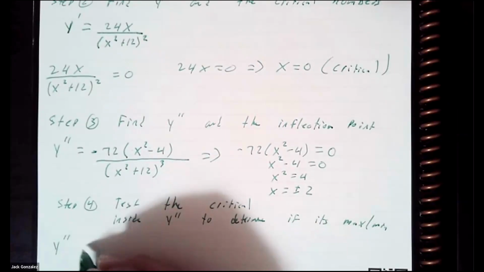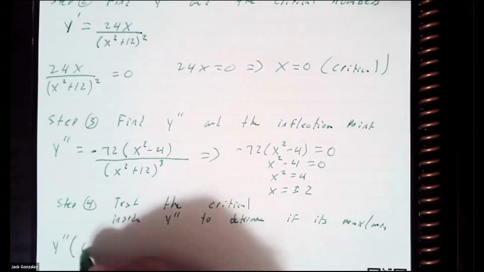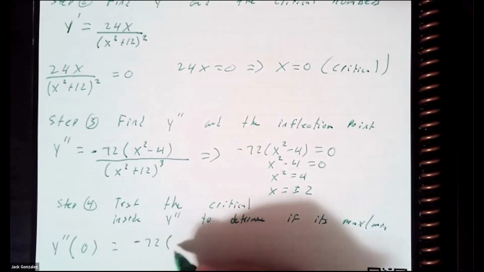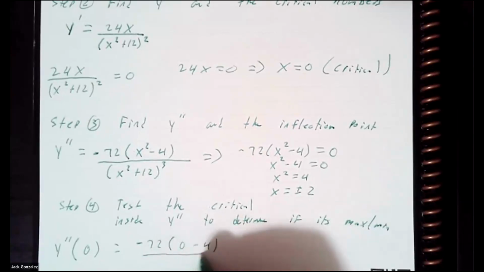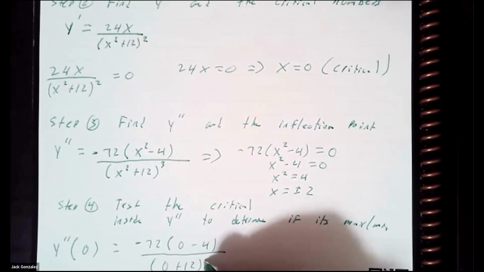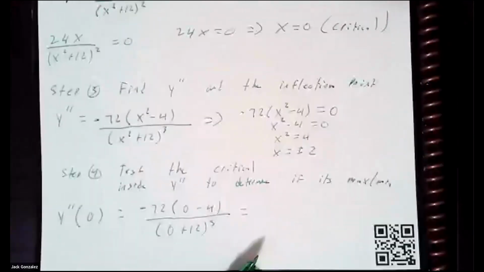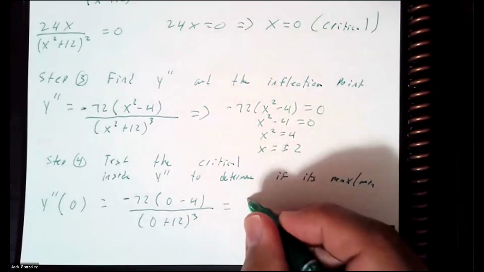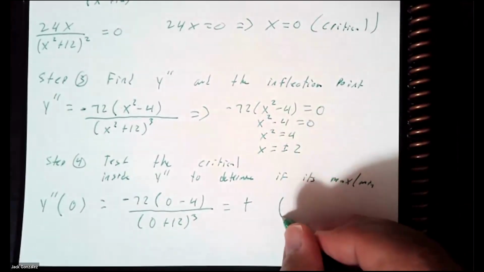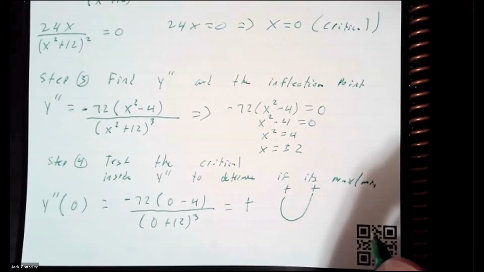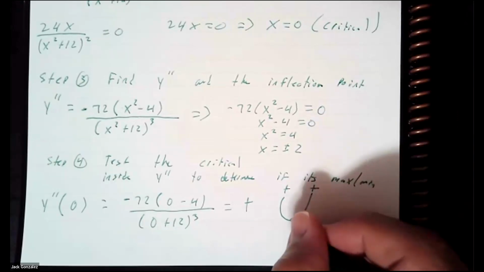So y double prime of 0 would be negative 72 times 0 minus 4 over 0 plus 12. This will be negative times negative, which is positive. So we said if it's positive, it is concave up. So minimum, right?